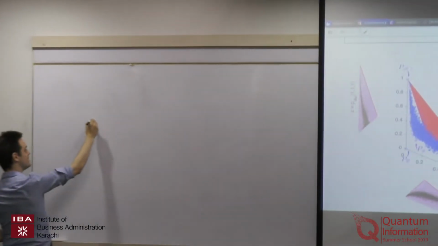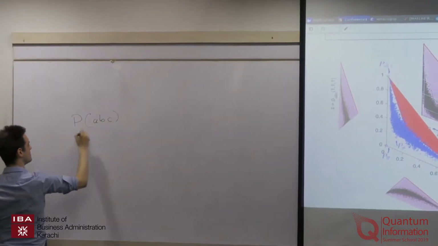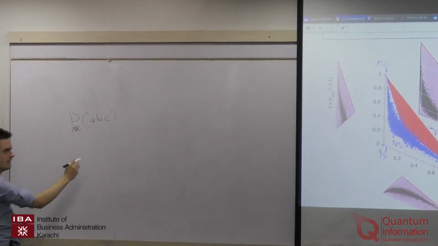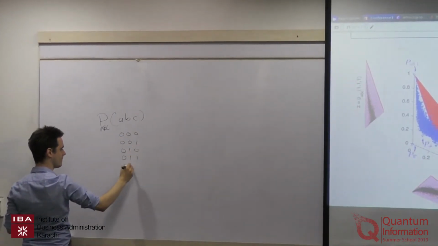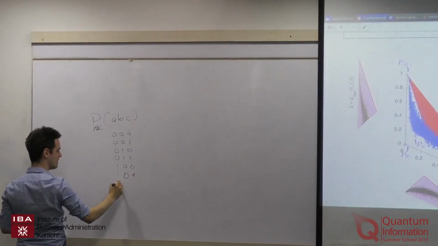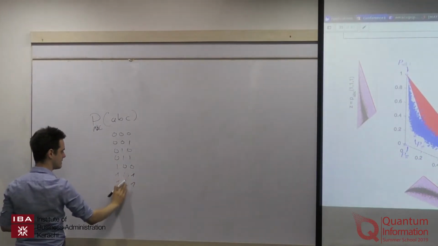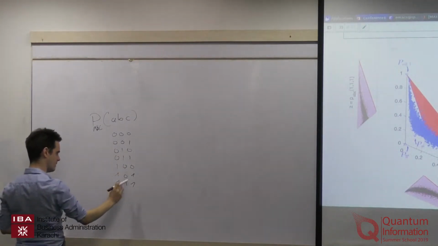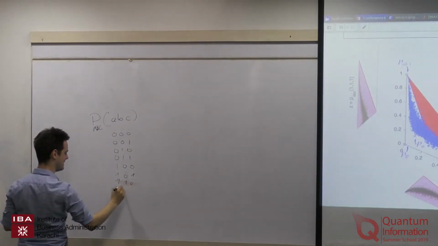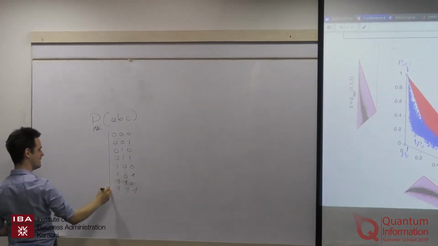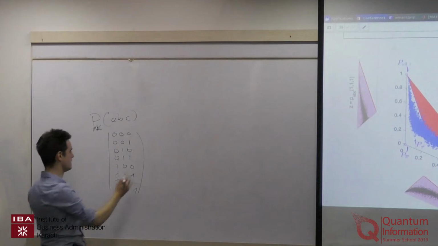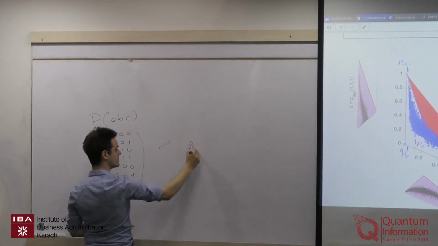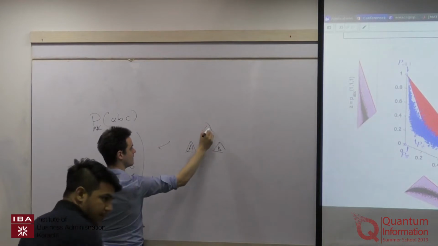So this morning, the big question was, how do we characterize the correlation P(ABC), where ABC are bits, so we have 8 coefficients. So we have this vector of these 8 coefficients, and we want to characterize which ones can come from a structure that looks like this.